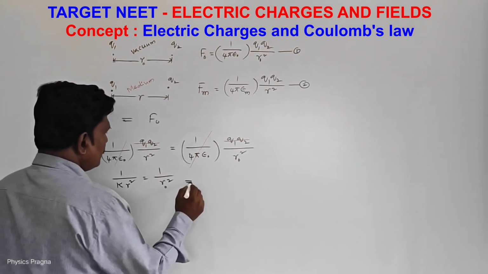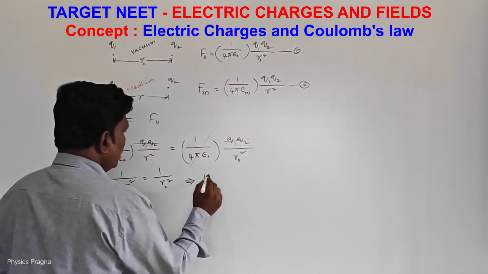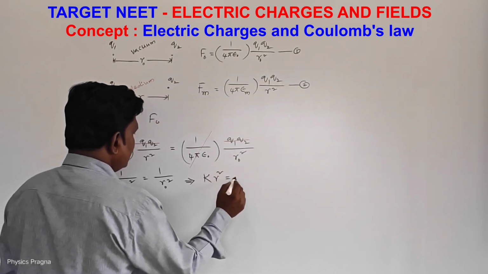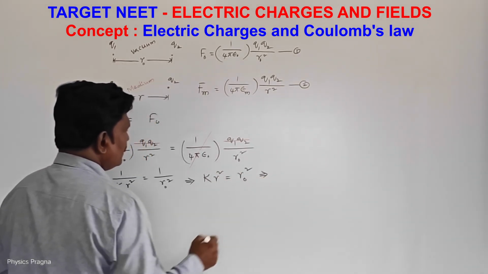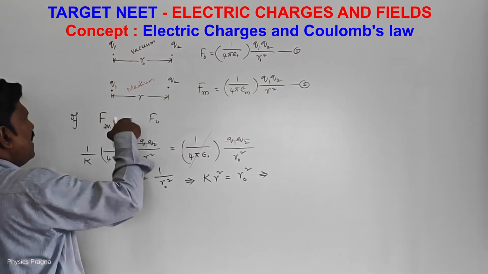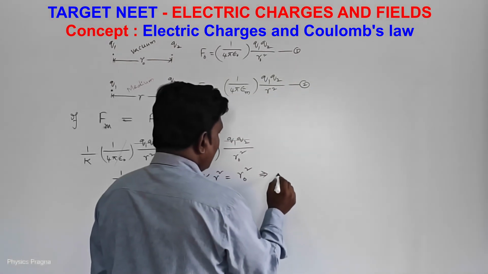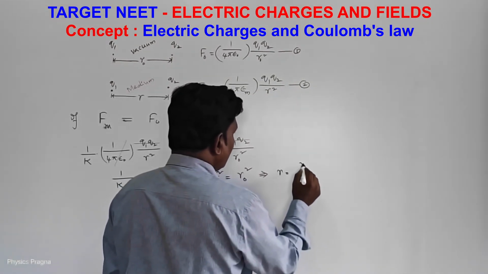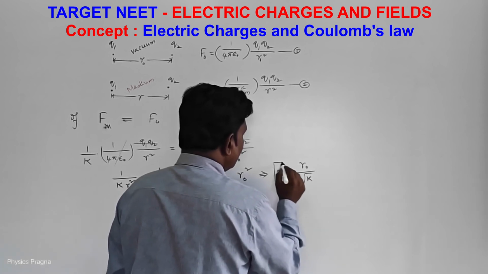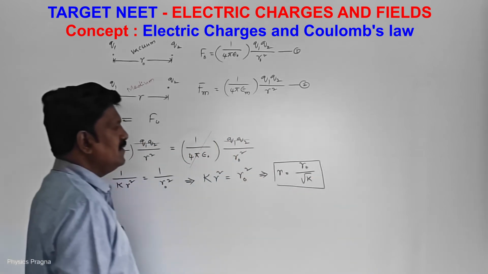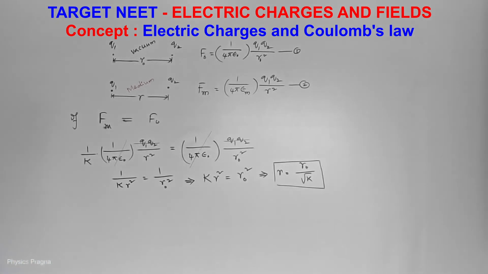That implies k r square is equal to r naught square. So the relation between r and r naught: r is equal to r naught by root k. So this relation is very important.